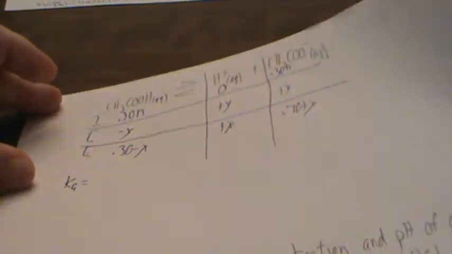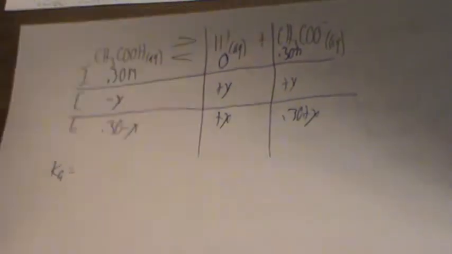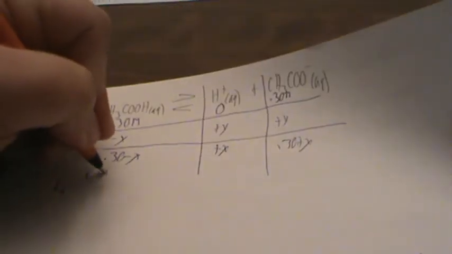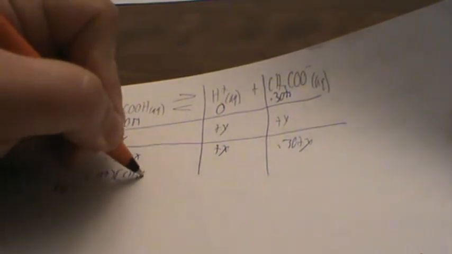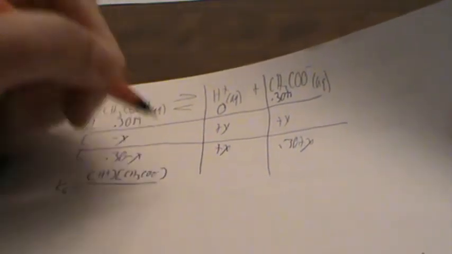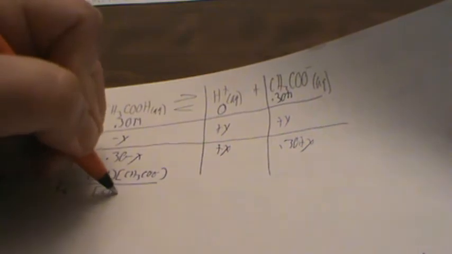Just like what we did with the acid-base chapter, Ka is equal to the hydrogen ion times the acetate ion all over the concentration of acetic acid.